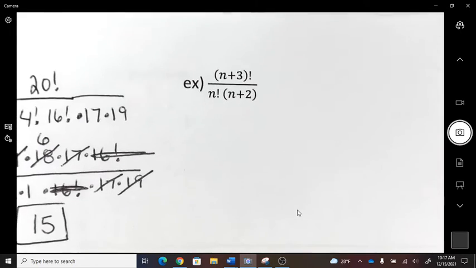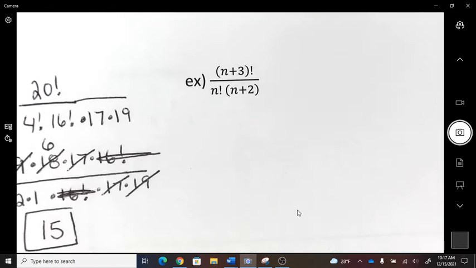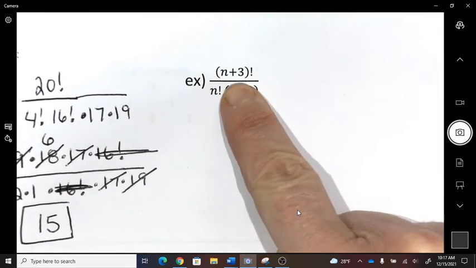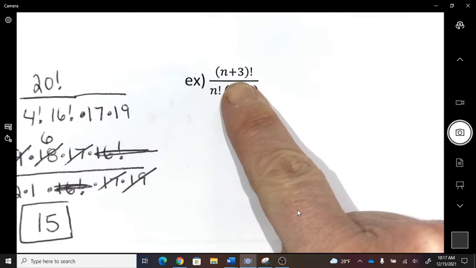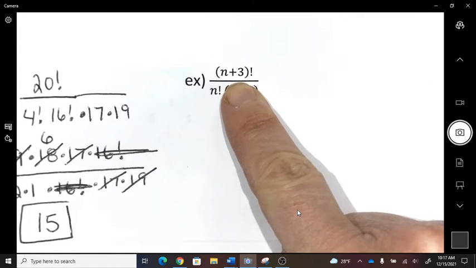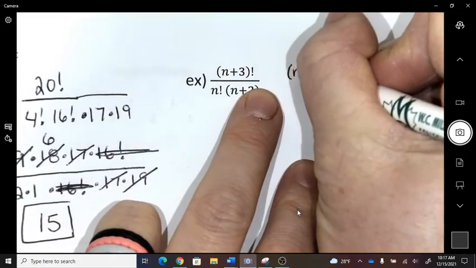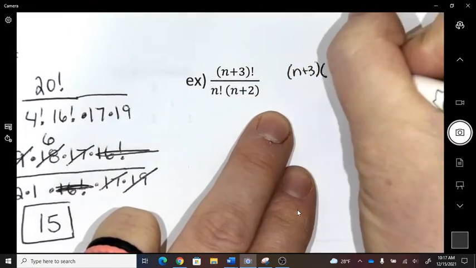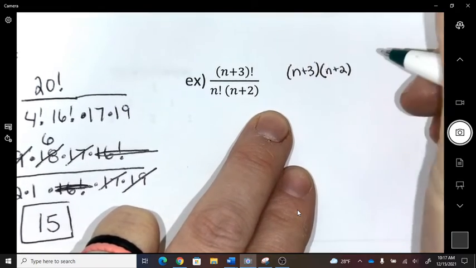Okay, next one. So I'm going to expand the factorial that's bigger. So you have 2 choices, the n plus 3 or the n. Which one is bigger? N plus 3. So n plus 3. The down one, n plus 2 is down.